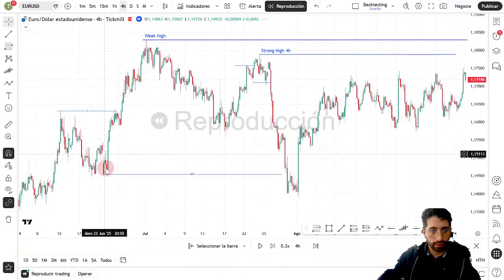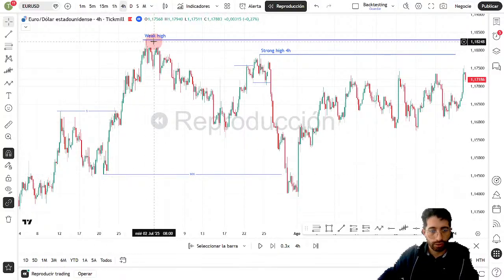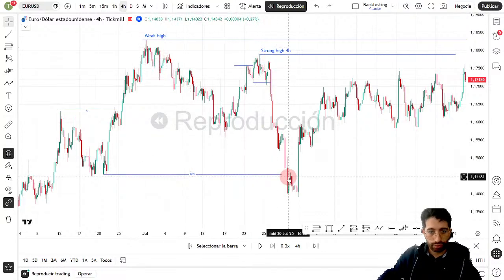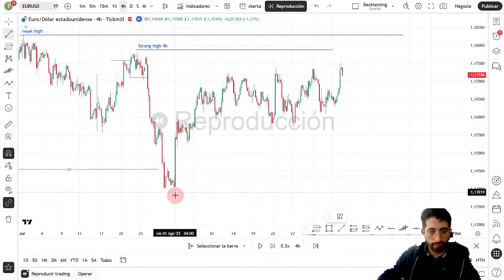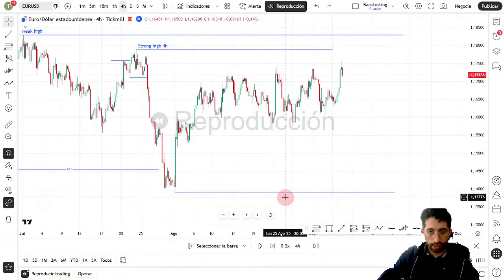For example, look, this was the previous 4-hour range, which was bullish, but after the break of structure, it has changed direction, right? Now we are in a bearish range, at least in the 4-hour time frame, right?